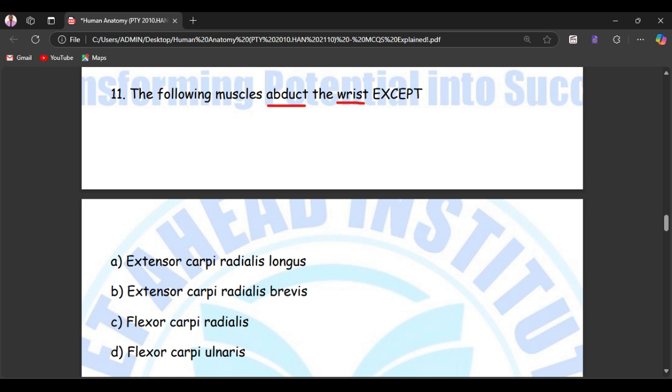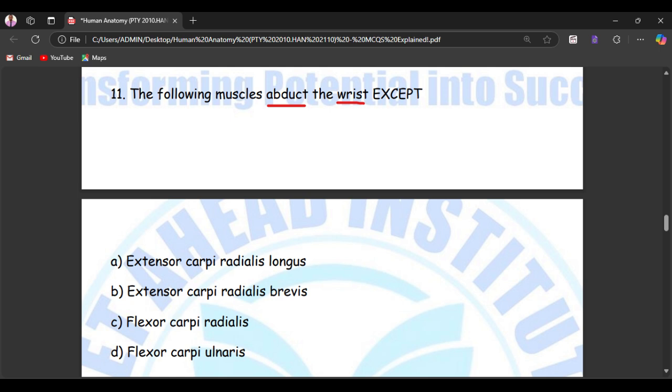It also helps in extending and rotating the thumb. But the abduction of the wrist is also known as radial deviation, simply because the hand moves towards the radius, or the hand moves laterally.